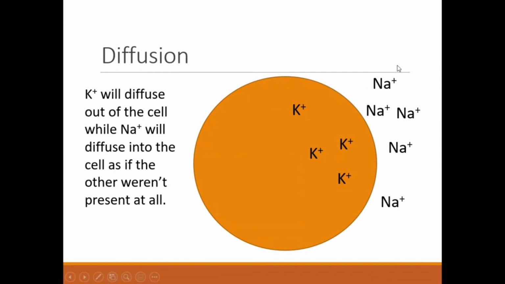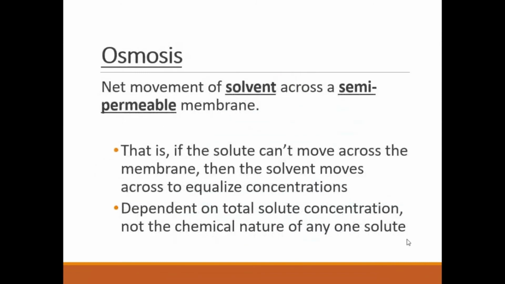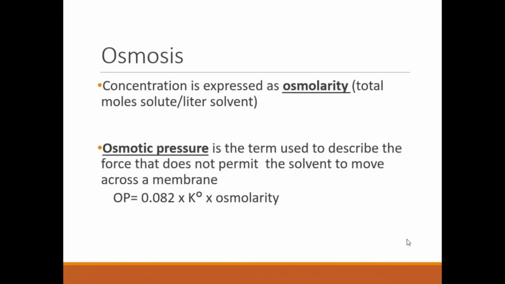So these could be 4 different sodium ions, or they could be a sodium, a calcium, a magnesium, and a phosphorus. If all 4 can't cross, all 4 will exert the exact same osmotic influence as if they were all the same type of solute. It's a particle count, not a measure of any one particular solute.